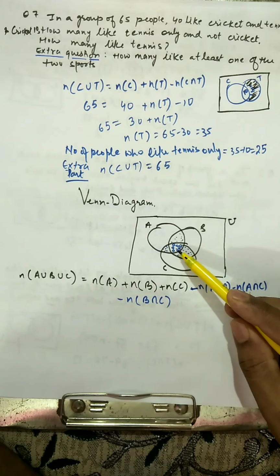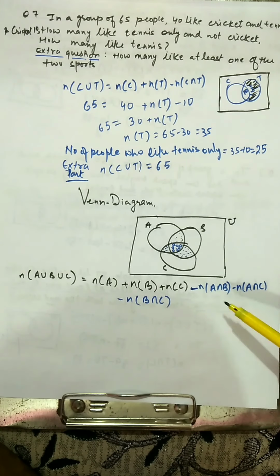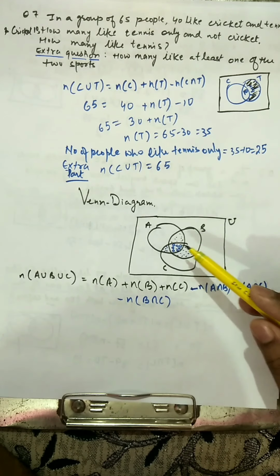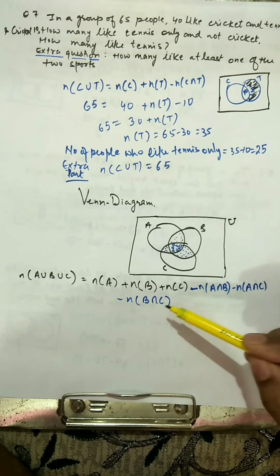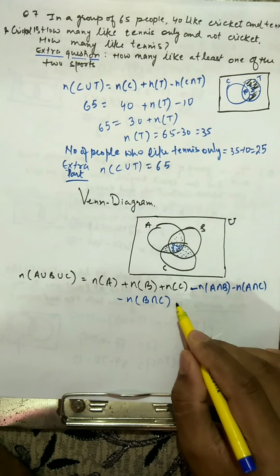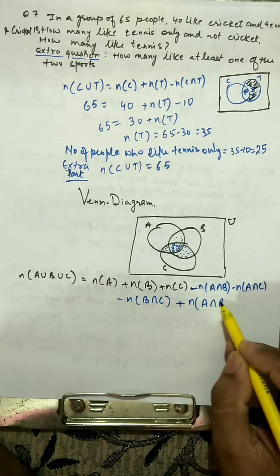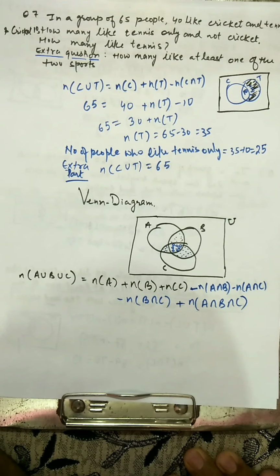So this area was earlier counted thrice, but in these three steps written in blue letters, it is now subtracted three times. So three times you added first, and then three times you subtracted. It means now it's null. So ultimately you have to add it once. So this is A intersection B intersection C. This is how you have to take care of this.